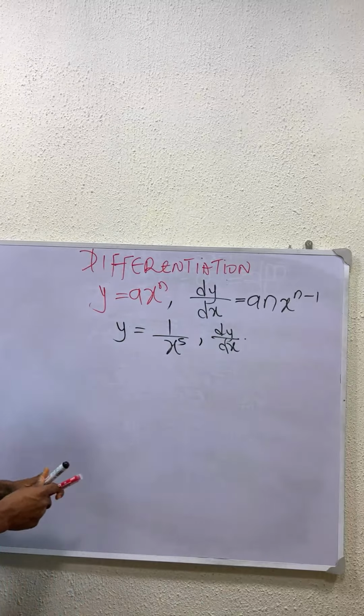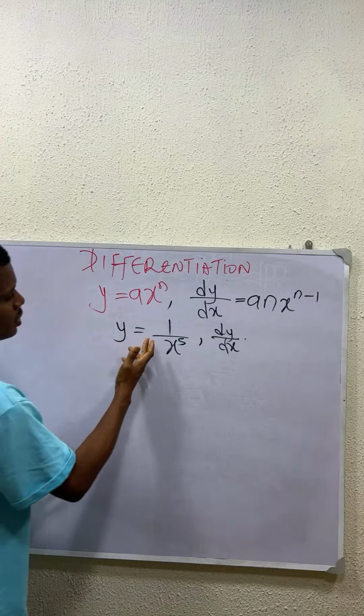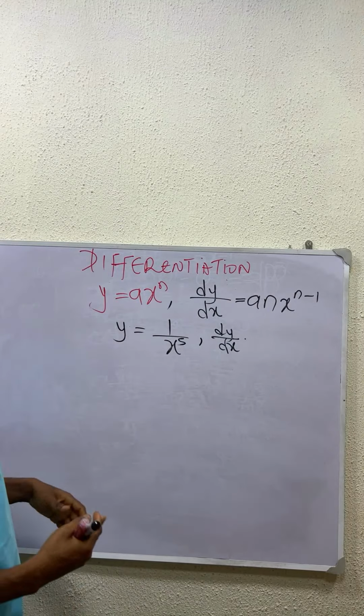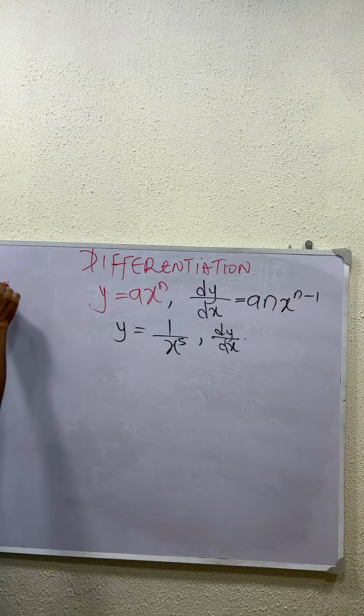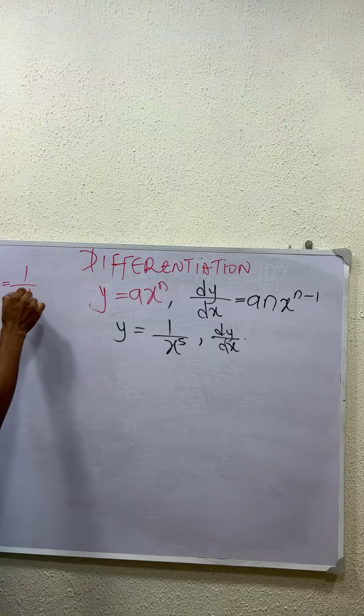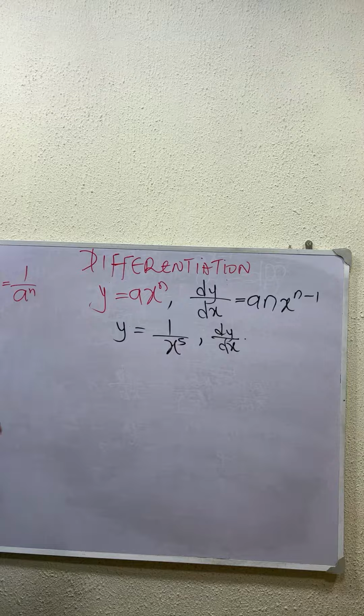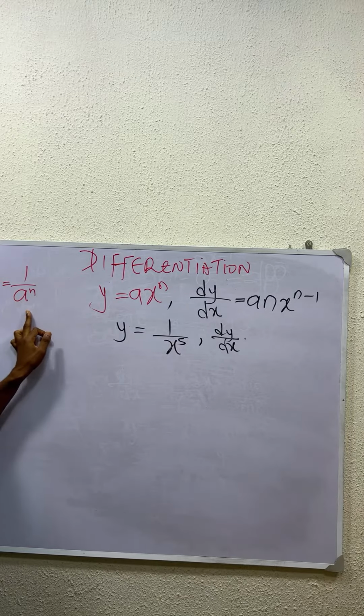So first, this is not in the form we need, but we can put it like that. One of the laws of exponents says that a to the power of minus n is equal to 1 over a to the power of n. That is, when you have a negative power, you take the reciprocal and remove the negative sign.